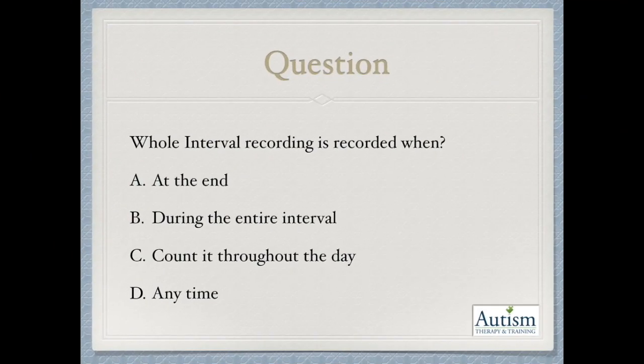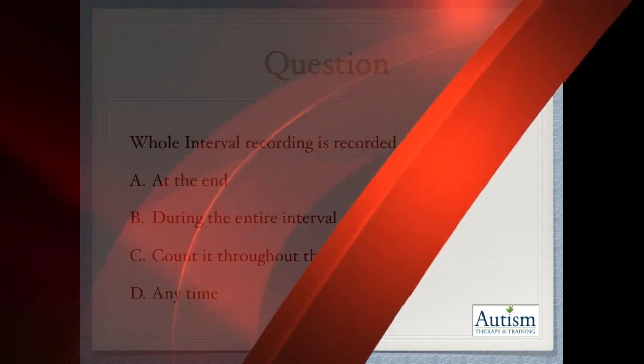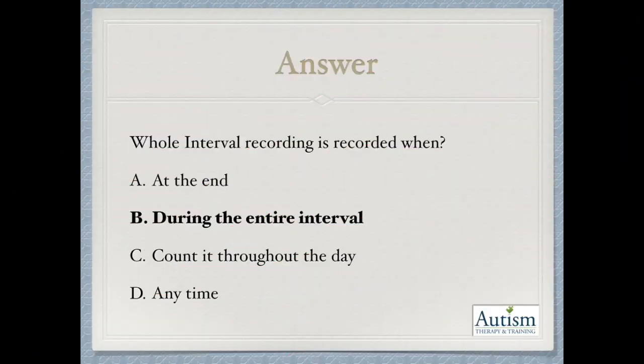Whole interval recording is recorded when? A, at the end, B, during the entire interval, C, counted throughout the day, or D, anytime? And the correct response is during the entire interval.